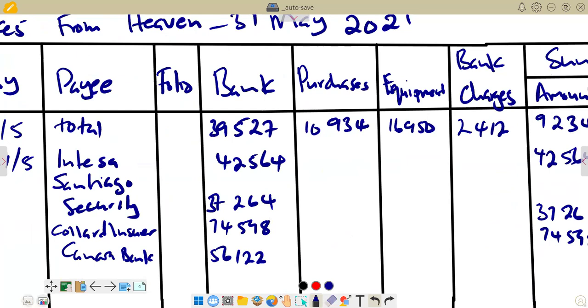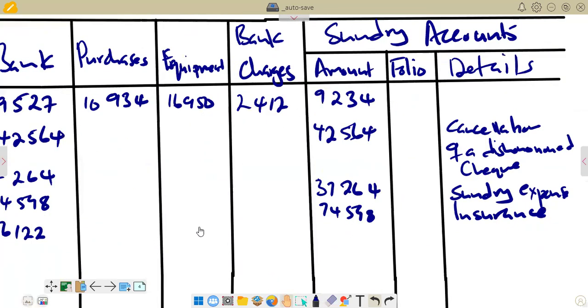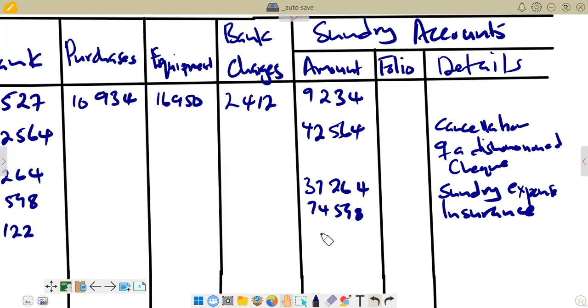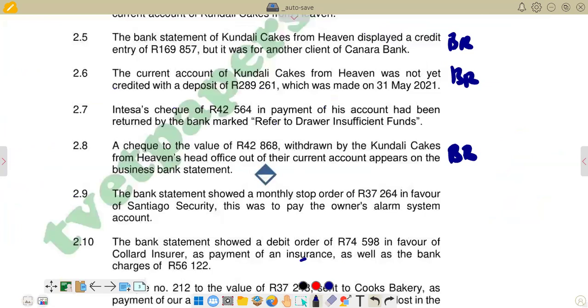Remember we said also it's going to qualify under sundry. So we're going to put it under sundry. We're going to say 56,122. And these were bank charges, so we write bank charges on the details. So this is what we have, and then we can go to the next transaction to see what we have.